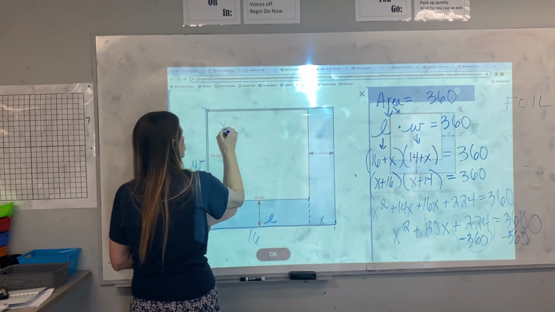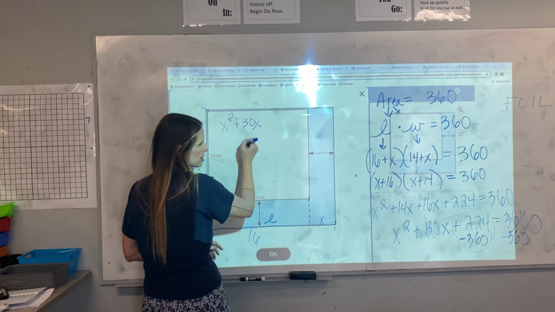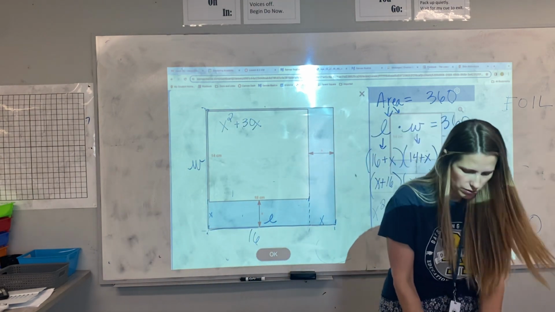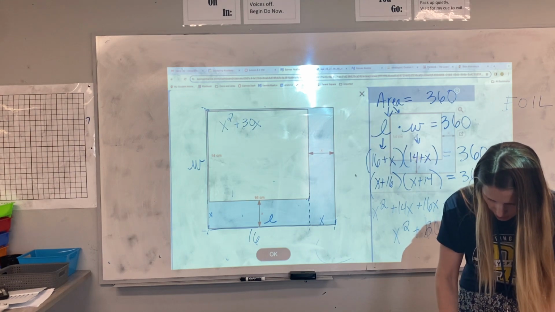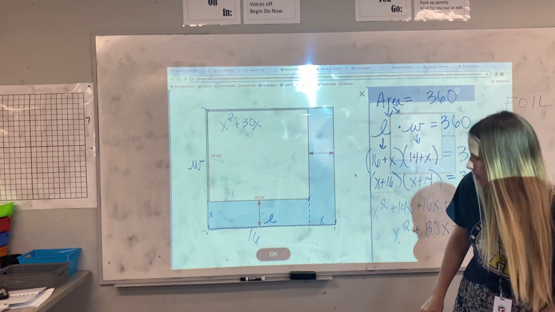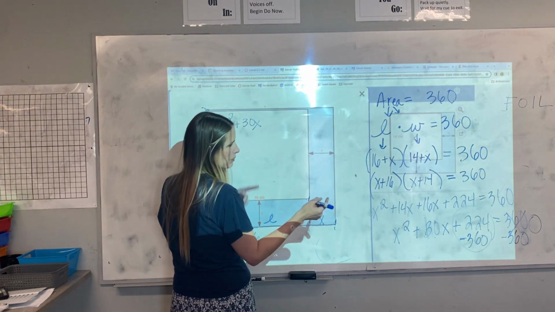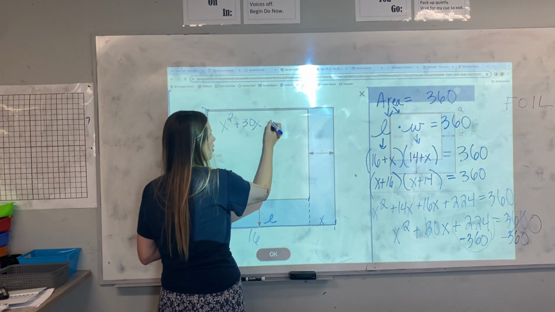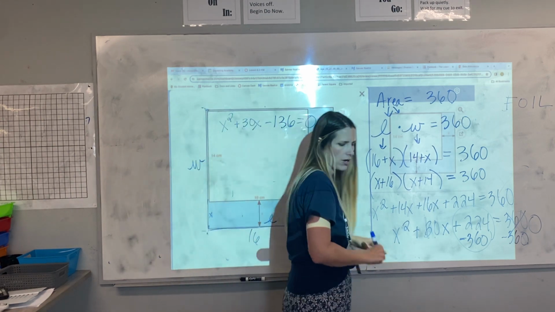So I have x squared plus 30x, and then negative 360 plus 224 is negative 136, equals 0.